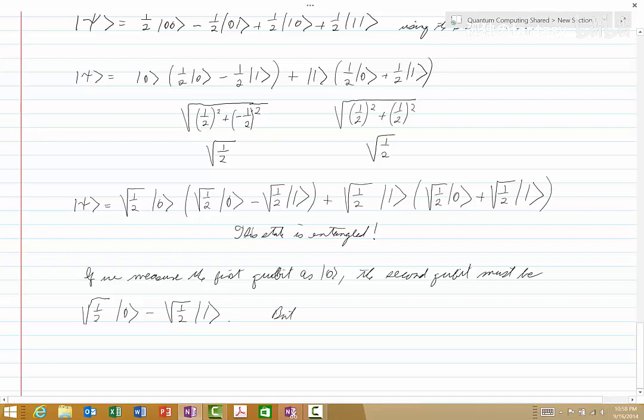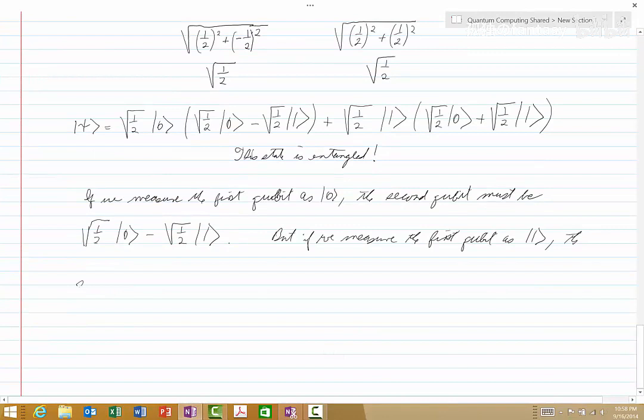But if we measure the first qubit as 1, the second qubit must be square root of 1/2 0 plus the square root of 1/2 1.